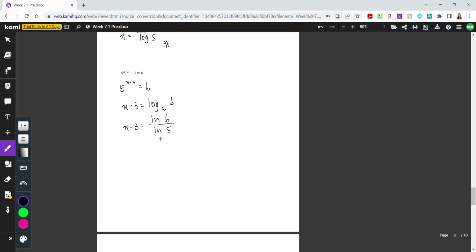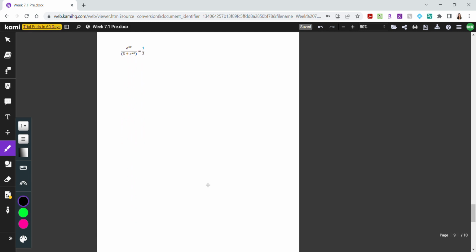You see that? Now, x is not by itself. We want to isolate x now. But we have negative 3. So to get rid of the negative 3, we're going to add 3 to both sides of the equation. So our final answer is going to be x equals ln 6 over ln 5 plus 3. And that'll be it.